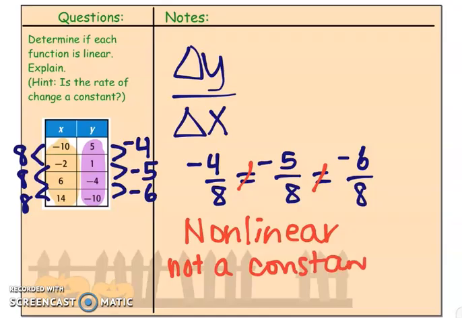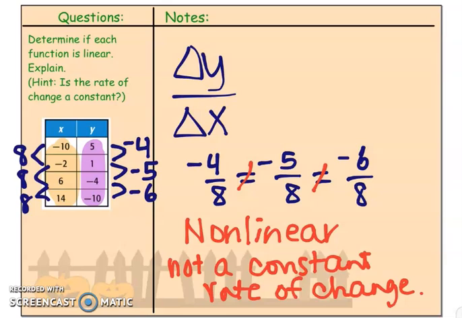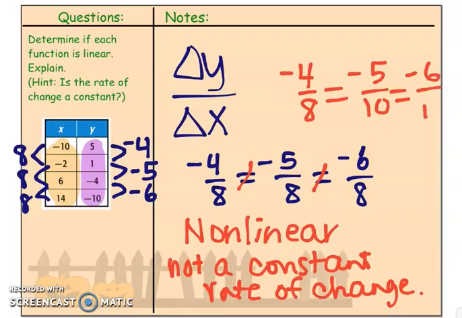Be careful because just being different numbers doesn't guarantee that it's not going to be a constant rate of change. So just for example, if this one looked like -4 over 8, and then -5 over 10, and then -6 over 12, that would have been okay. So you have to be careful.